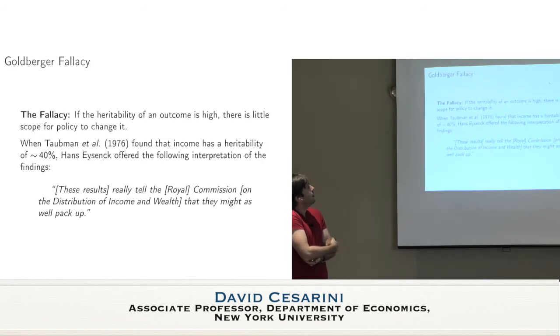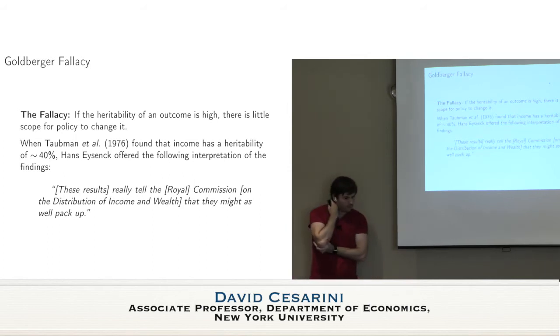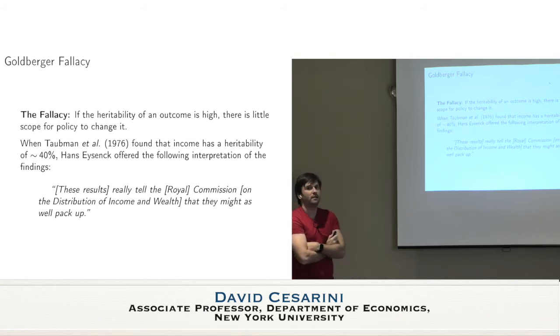So, okay, now that we've talked a little bit about what heritability is and some issues that immediately arise when we try to define it, I just want to walk through two common fallacies that show up. They're quite common when you talk about this parameter with laymen, say.